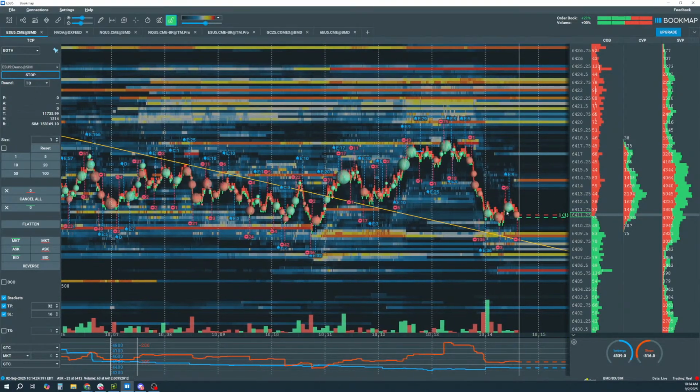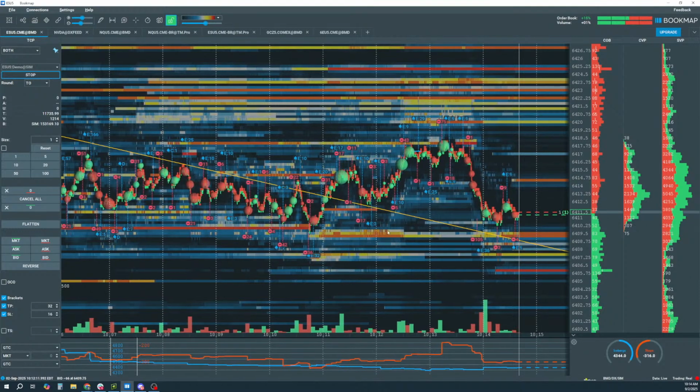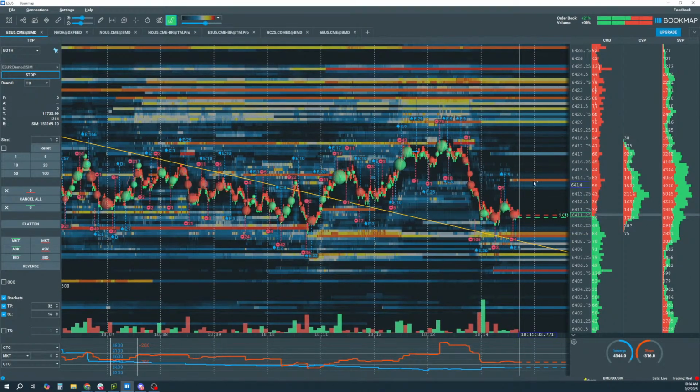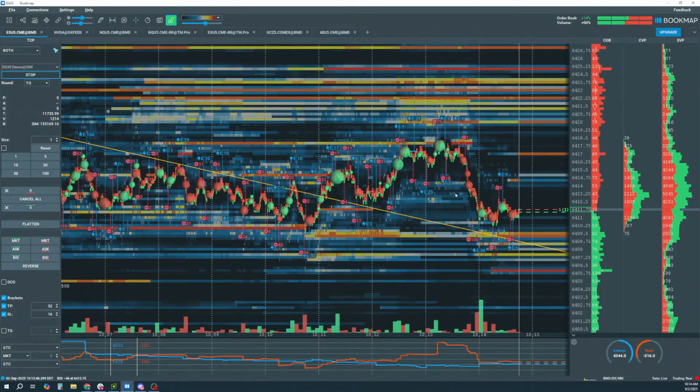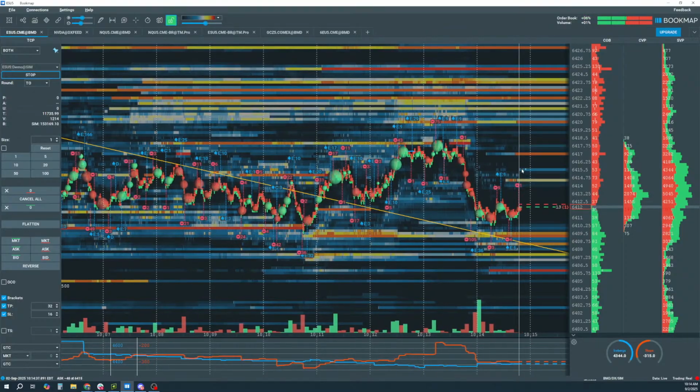Just watching these buyers and sellers in here, and this high liquidity down here, and looking for the pain from these buyers, which I don't think have given up yet.